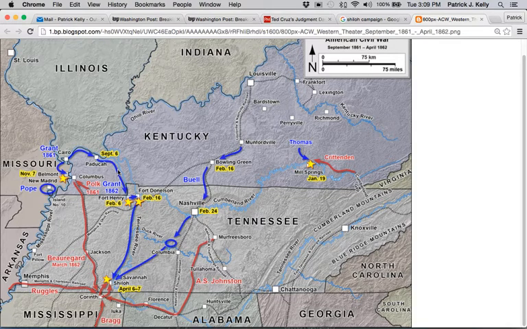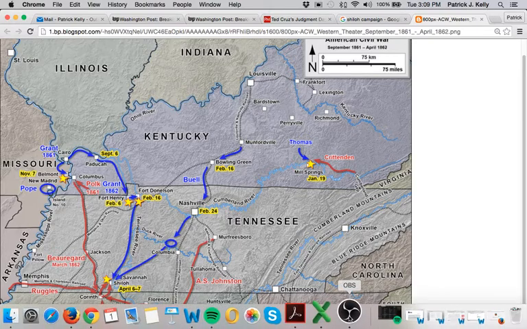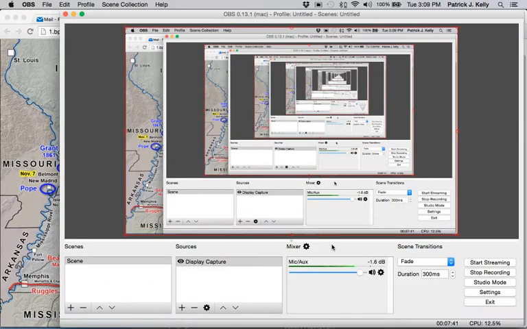And by capturing Corinth, Grant can really cut the communications in this part of the Western Theater, which would have been a major blow to the Confederacy. So this is where Grant's thinking is, and this is why he decides to go towards Corinth in the months after his great victories at Fort Henry and Fort Donelson.